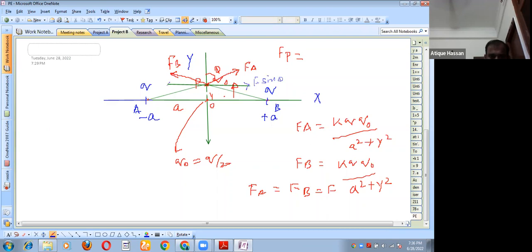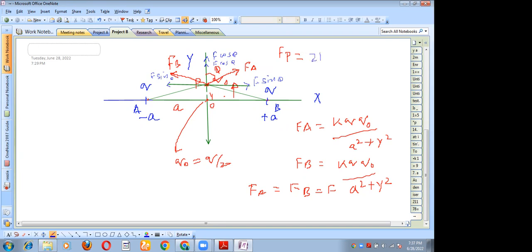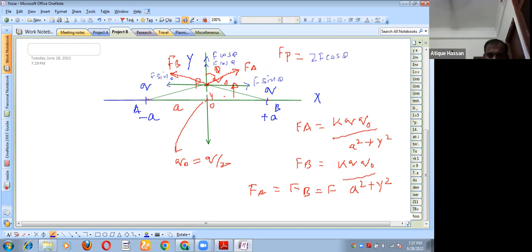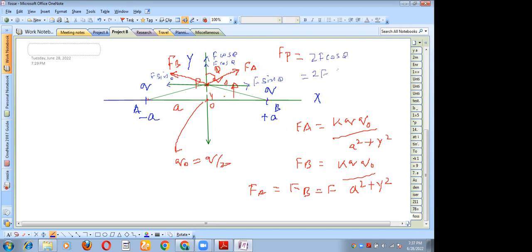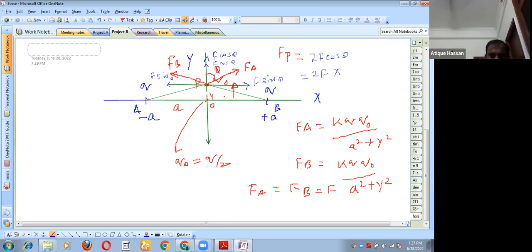And the resultant force of FB, FA and FB are equal, F. So here also it will be F sine theta. So the F sine theta components will be cancelled out and the F cos theta components will be added, both F cos theta. So the F cos theta component due to both the forces will be added. Getting my point? Getting it, Yashika? Yes, sir. So the net force will be 2F cos theta, right? Yes, sir. Net force will be 2F cos theta. Now the task is to find theta.